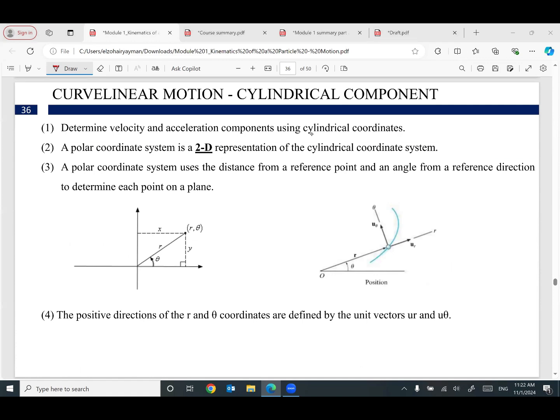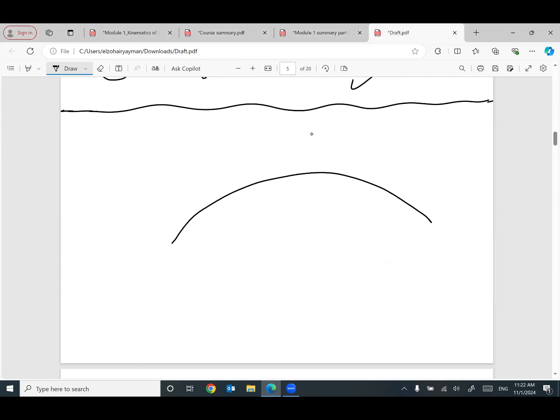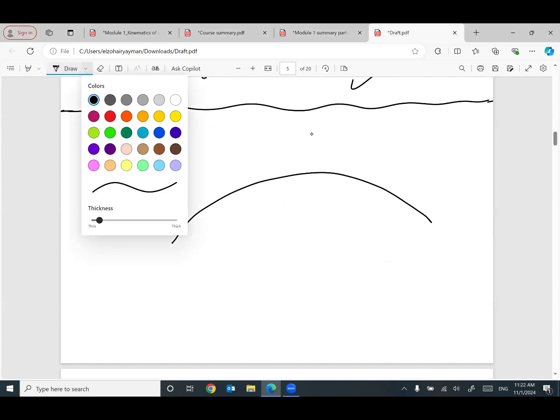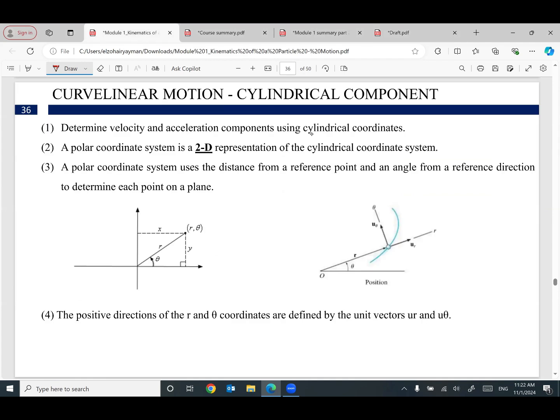Okay. Instead of having tangent direction and normal direction, we will have another component, which is called cylindrical component, R and theta.